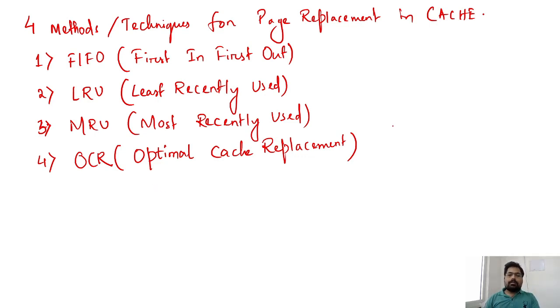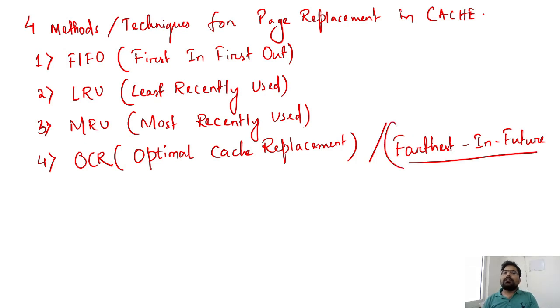Sometimes we can say it is furthest in future. What is this? We will also discuss that too. Clear? So first of all, we should know why page replacement is important.